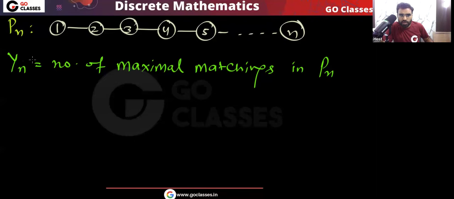Now let's see how to think recursively for maximal matchings. First of all, let's find the base cases and then we will think recursively.